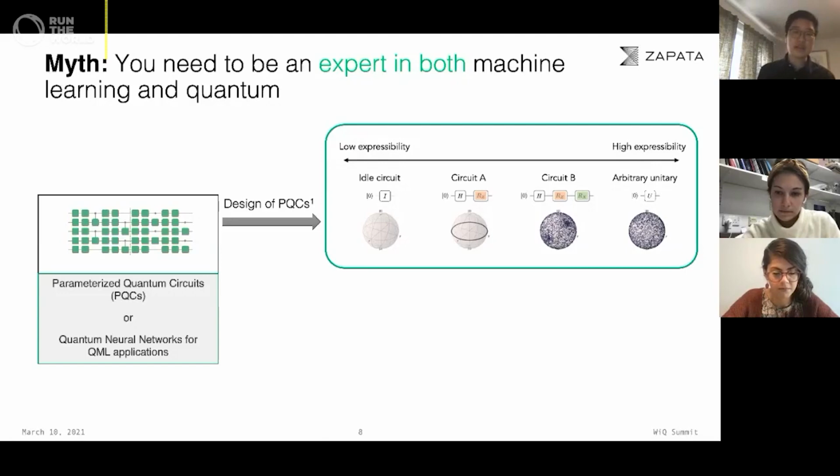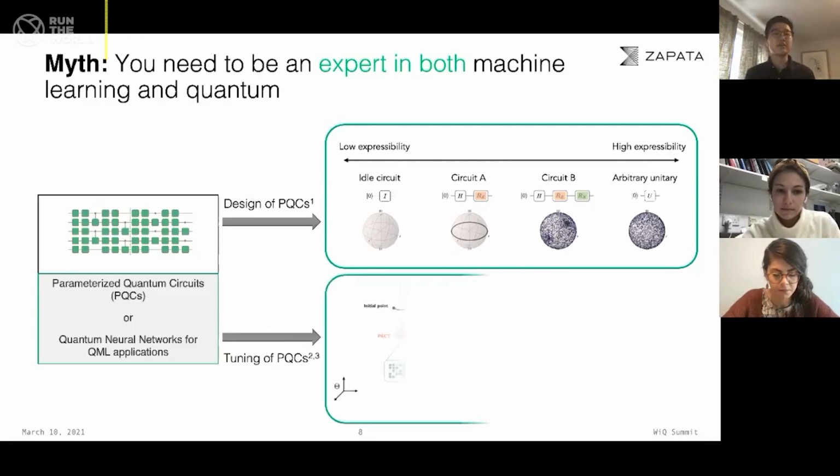And in order to answer this question, my work at Zapata involved coming up with some theoretical descriptors or quantities that you can pre-compute for each circuit in order to estimate the relative capabilities or expressive powers of different circuits. That way, you can have a more guided selection process for your PQC for a given problem.